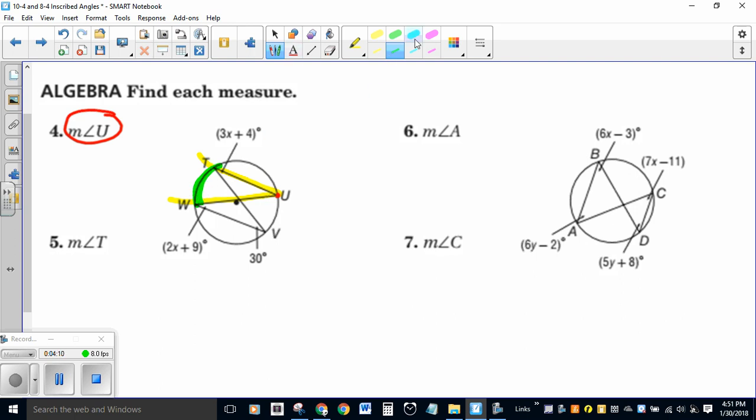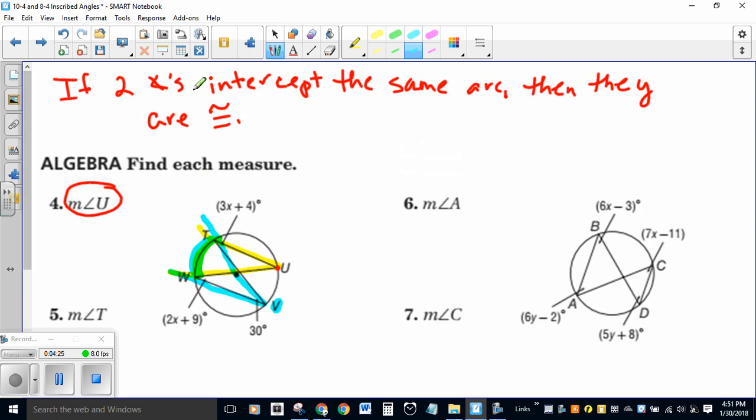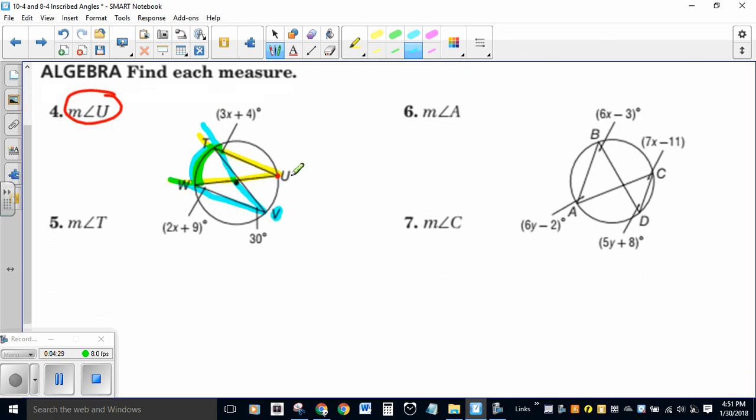Now, if you notice, angle V, which is right here, also intersects arc TW. So the theorem says that if they intersect the same arc, then they're congruent. So that means angle U and angle V are congruent. So that means this angle U is equal to the measure of angle V, so that means it equals 30 degrees.